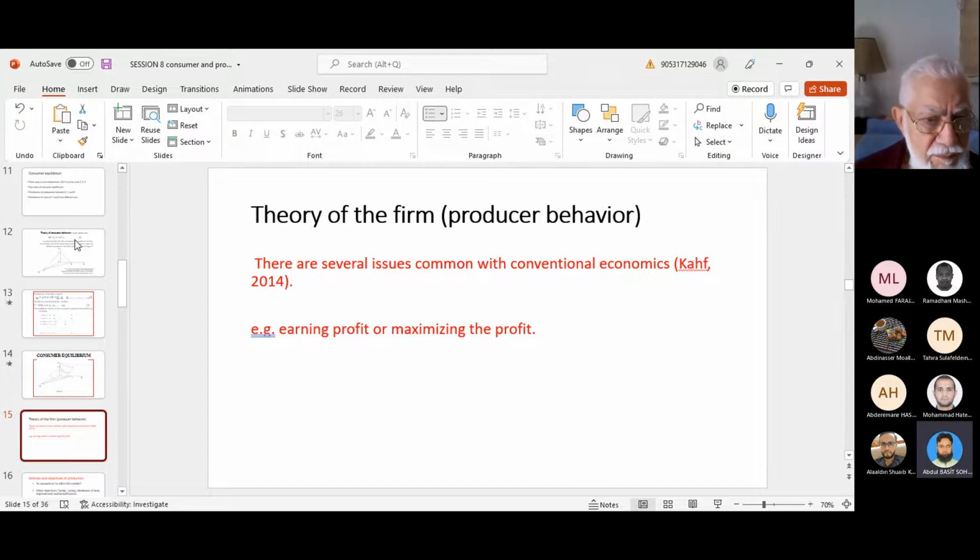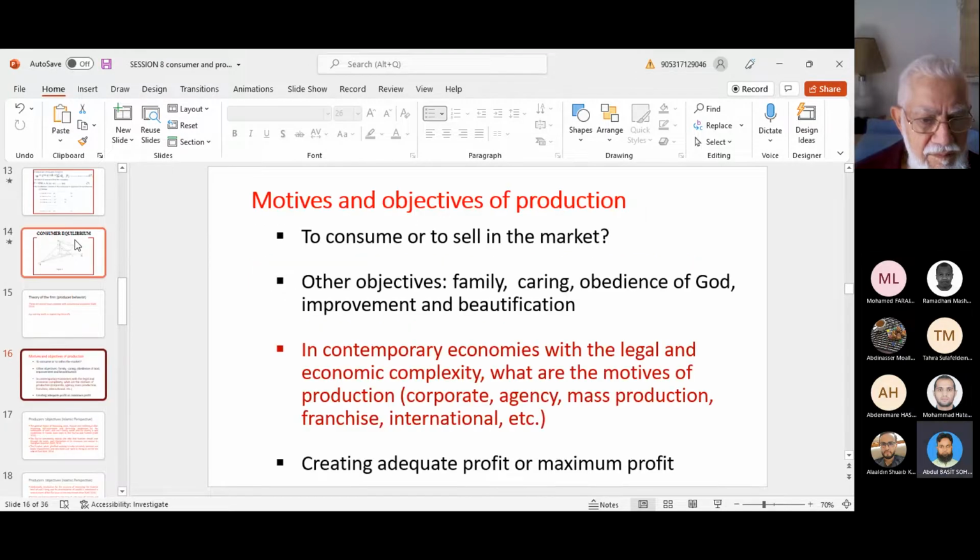There are several issues that are common between conventional and Islamic economics with respect to producer behavior, for example, earning profit or maximization of profit. So what are the motives and objectives of the producer? To consume or to sell in the market.